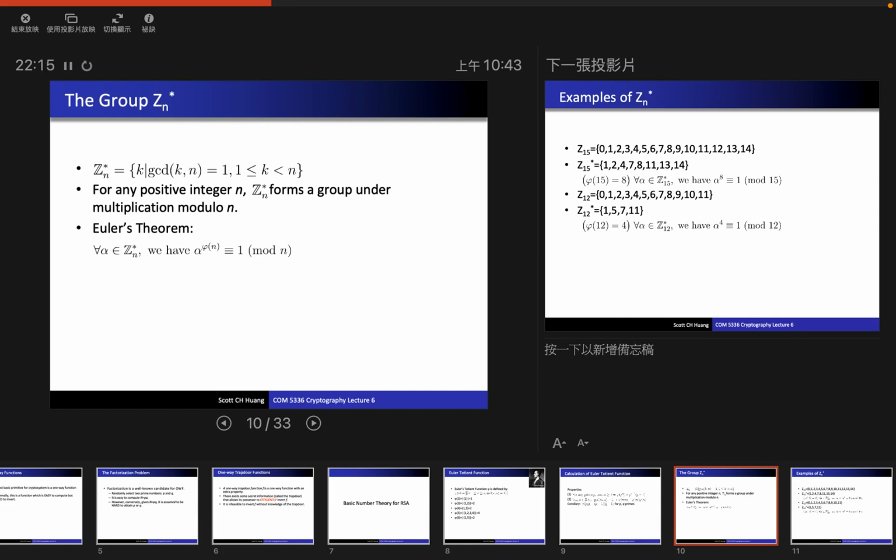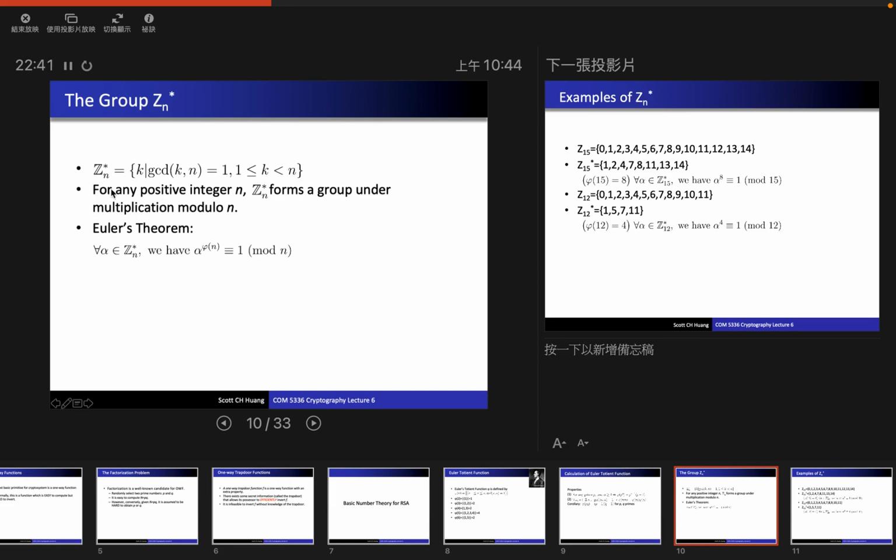So Z12 star only has 4 elements, 1, 5, 7, and 11. They are all relatively prime with 12. So Zn star is the numbers between 1 and n such that they're relatively prime with n.